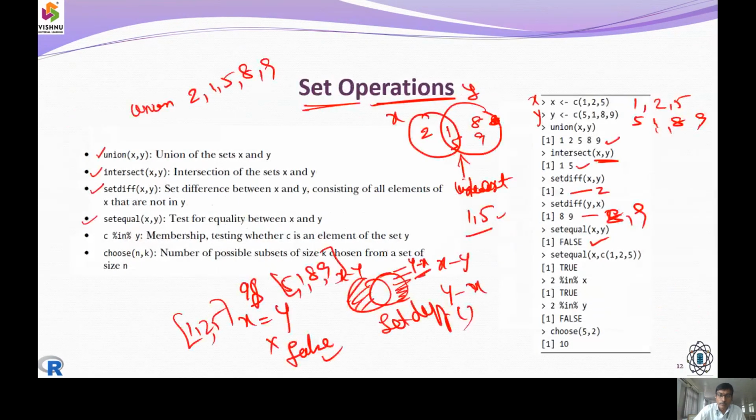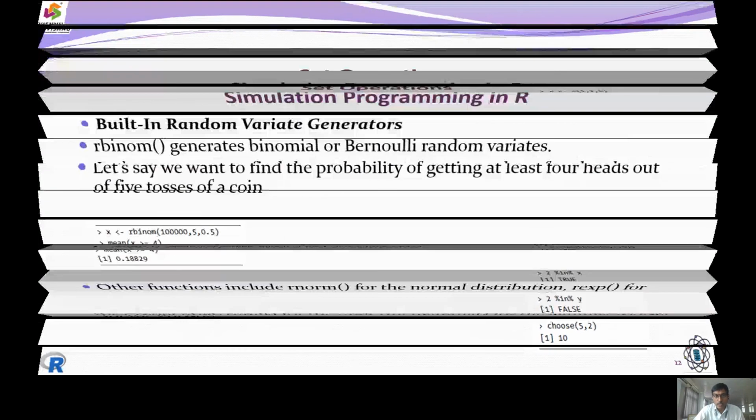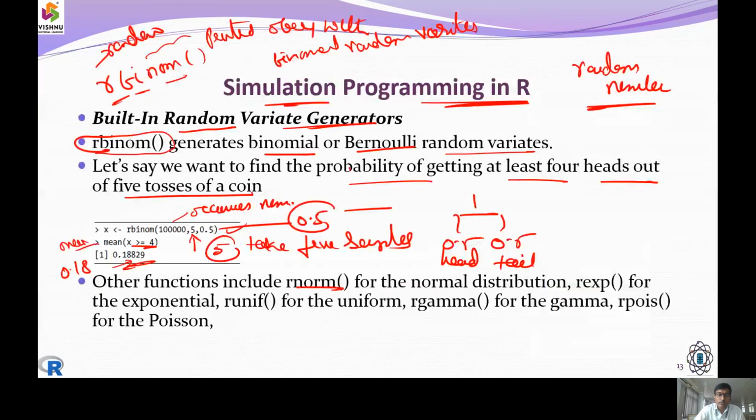The operations such as union, intersection, A minus B, B minus A, set difference, and equality between two matrices also come under the category called set operations.